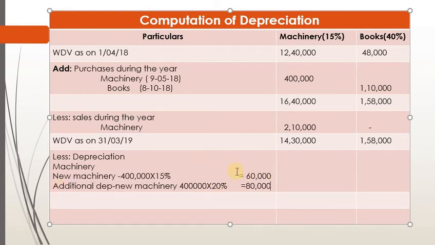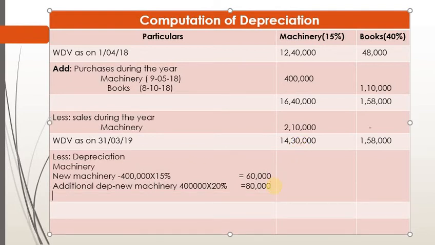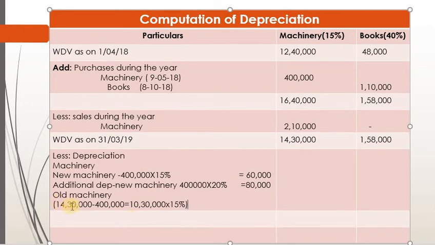Now let us calculate on the remaining value of the machinery. Out of 14,30,000, we have already provided depreciation for 4 lakh. So remaining is 14,30,000 minus 4 lakh, that is 10,30,000, the old value of the machinery. 10,30,000 into the rate of depreciation, 15%.